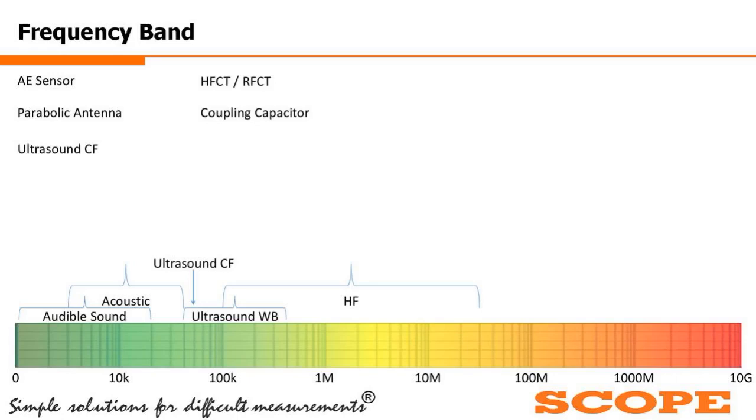So HFCT and RFCT, or we can have the coupling capacitor. HFCT and RFCT is generally used for the cable application, and coupling capacitor is generally used for the generator and motor application.